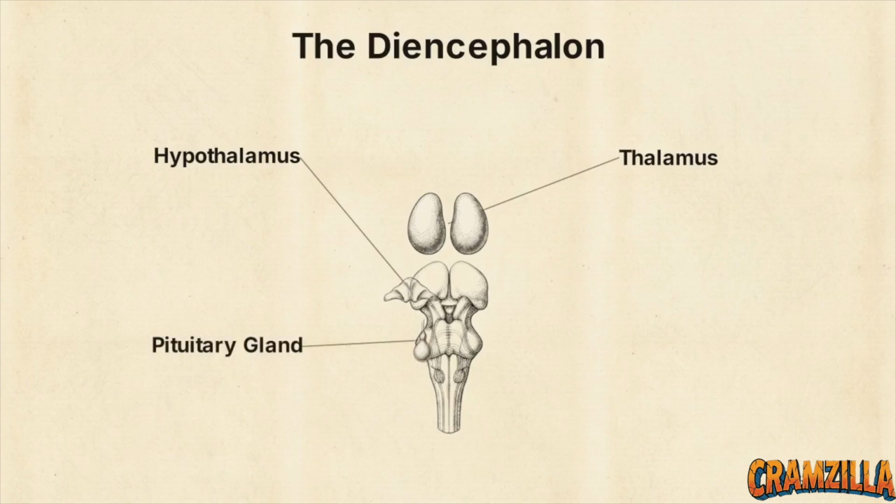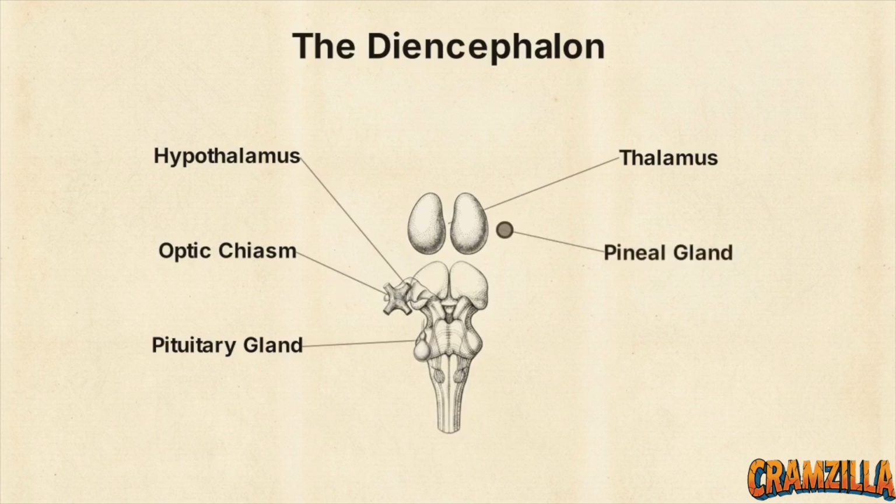The pituitary is the master endocrine output, releasing hormones like ACTH, TSH, and growth hormone into the bloodstream. Positioned directly above it is the optic chiasm, the anatomical crossing point for nasal retinal visual fibers. In the posterior diencephalon sits the pineal gland, which regulates the sleep-wake cycle through the production of melatonin.